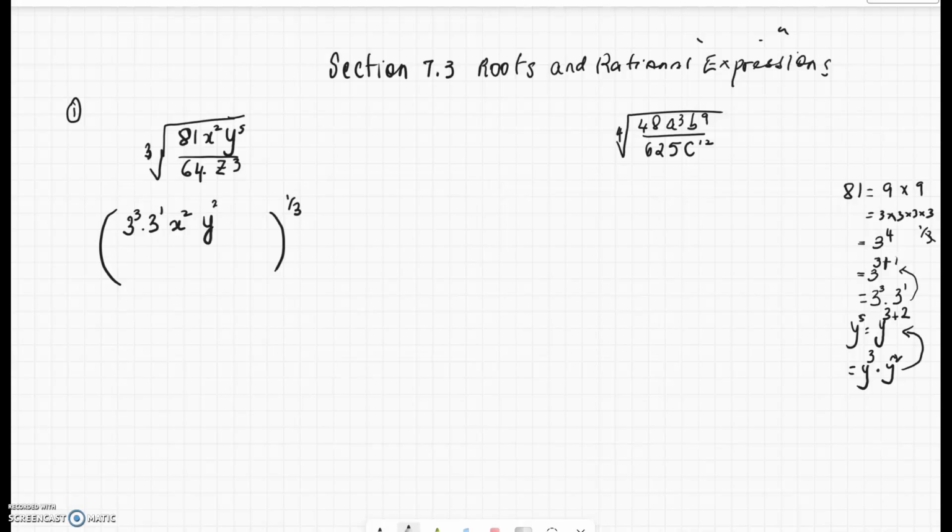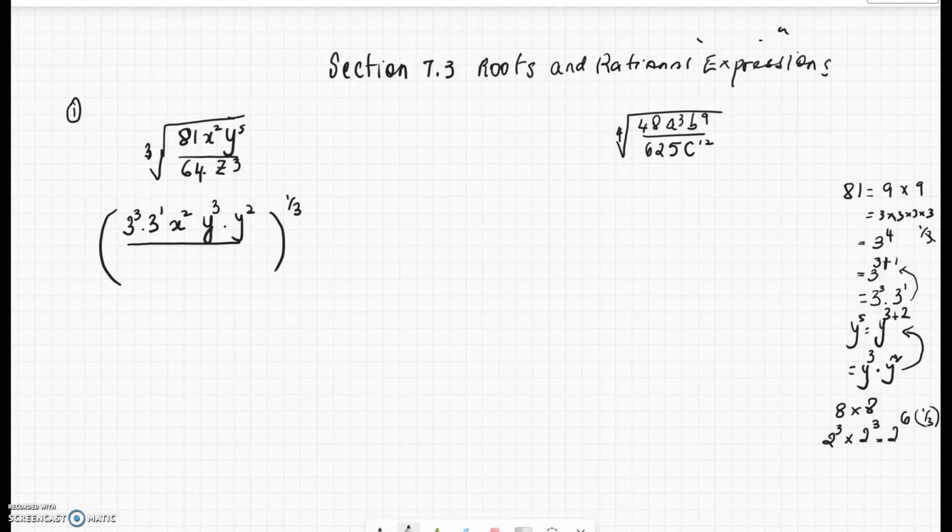So we have y cubed times y squared, the whole divided by 64, which is 8 times 8. 8 is 2 cubed, 2 times 2 times 2. 8 is again 2 cubed, 2 times 2 times 2. That is a total of 6 2's. And 6, remember at the end we're going to take times 1/3.